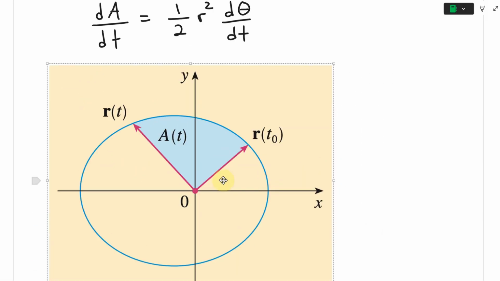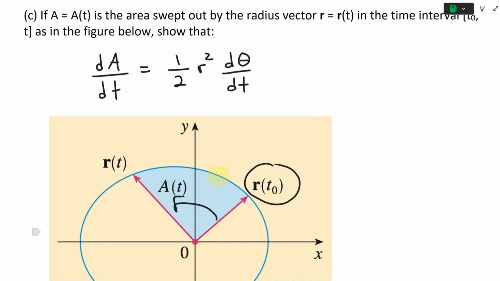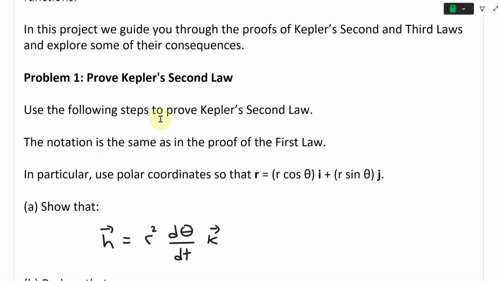If you have a time from r(t0) to r(t), this area is going to be the same as if you went from, for example, here over to here, if it's the same amount of time. You're going to have the same area. So they are equal areas in equal times, and that's the second law right here.